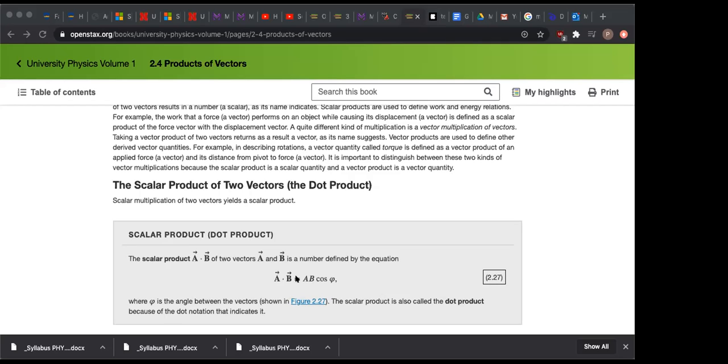What the dot product does is it takes one vector and projects it onto another vector and tells you how much of each vector is pointing in the direction of the other vector. That's kind of the way you could think of it, I suppose.